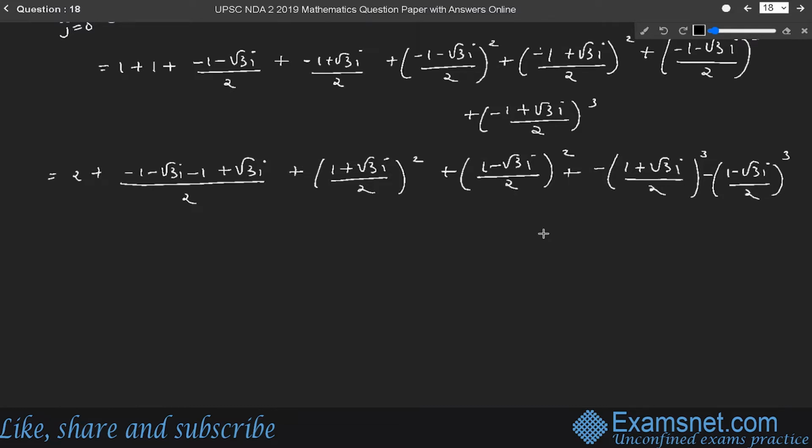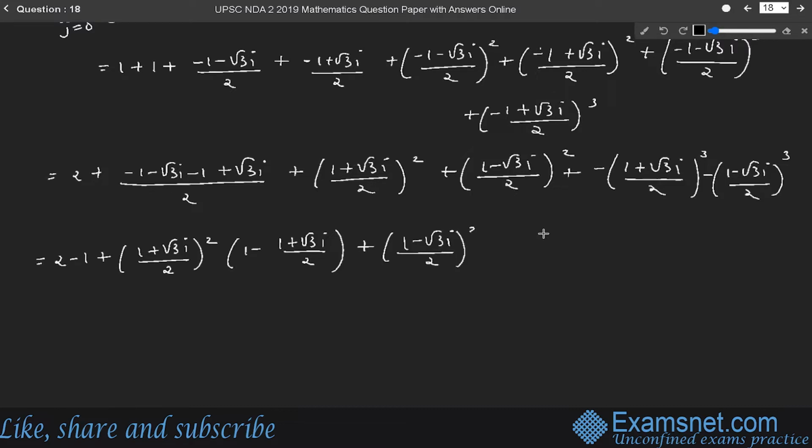On further simplifying, it will be equal to 2 minus 1 plus ((1 plus root 3i) divided by 2) whole square into (1 minus (1 plus root 3i) divided by 2) plus ((1 minus root 3i) divided by 2) whole square into (1 minus root 3i) divided by 2.